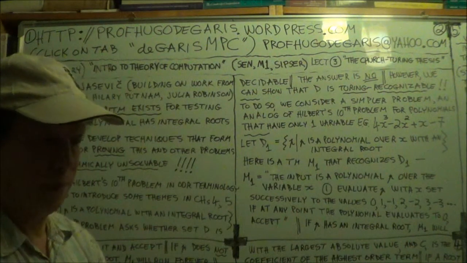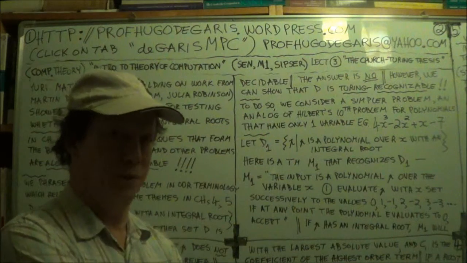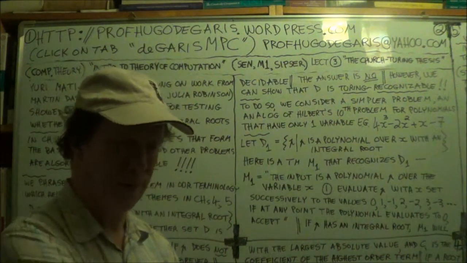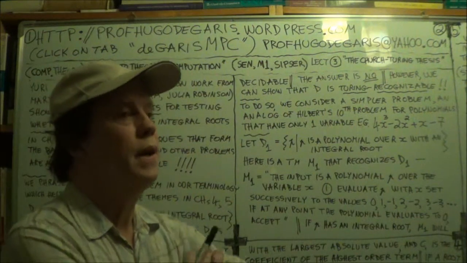It means that a language is decidable if there's a Turing machine that decides it. And what does that mean? A bit of revision here.